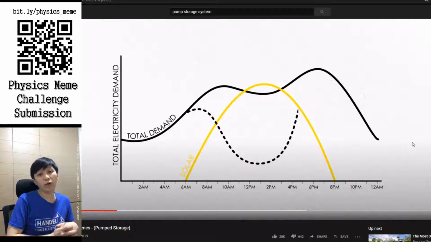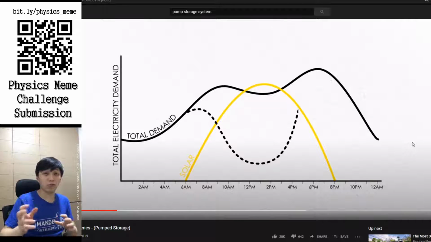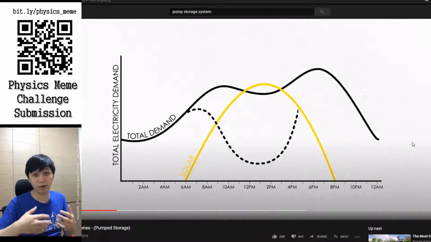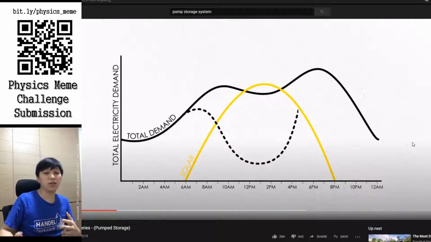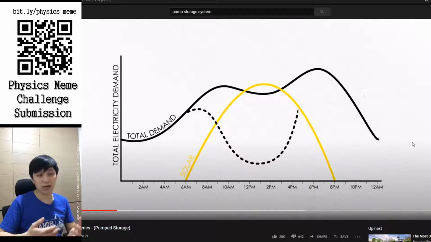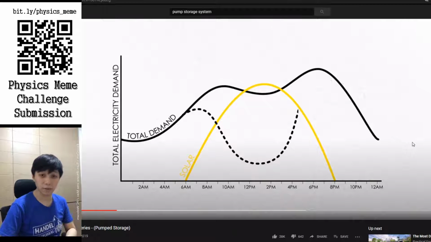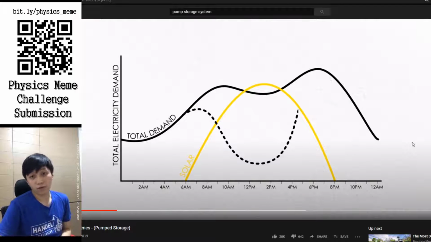So one way of doing it is we can store that excess energy, because think about it, if people are not using that much energy, the energy you try to generate in the power plants will be wasted. If you can store it and hopefully release it again during the peak hour, then you can have a more efficient plant for your city.